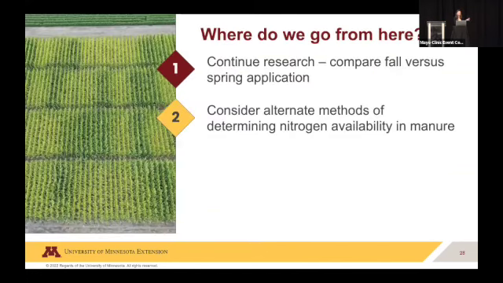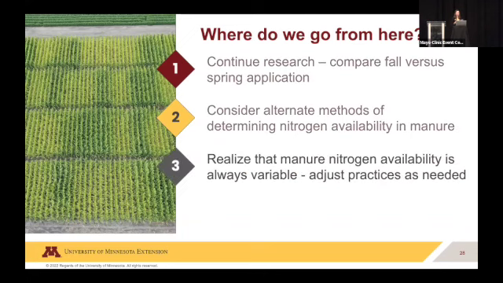So we talked about the first two places where we're going. Going to keep doing research, consider alternative methods of calculating nitrogen availability. I'd also want to start looking into the idea that maybe since nitrogen is so variable in manure, we need to start adjusting practices as needed. One of the ways that we could potentially do this is using a base nitrogen rate.